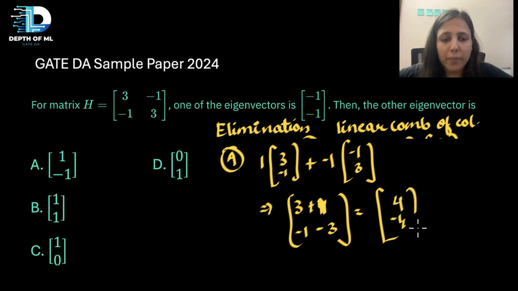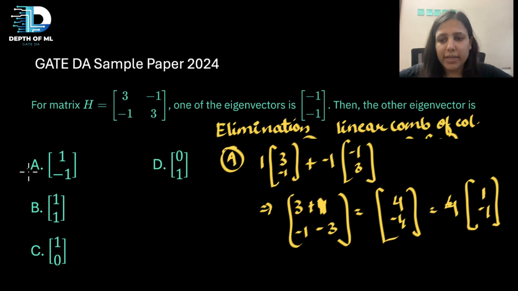So this is nothing but 4 times the original vector that I multiplied, which is (1, -1), right? So this looks like an answer, and it is actually an answer, because the other thing that you should check is that this particular vector is not a scalar multiple of the given one. Like option B, if you see, is a scalar multiple of this. So B and the given eigenvector are essentially the same, right? So A is the answer.